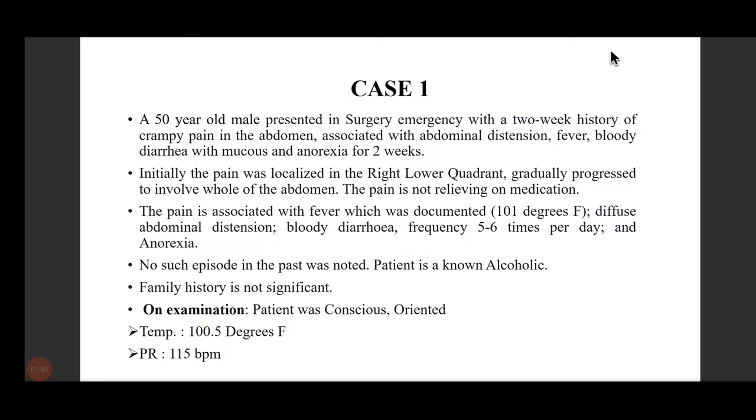More answers. Infectious dysentery. Good. Acute appendicitis. Very good. Carcinoids, tumor, cyst, lymphoma, IBD. Good, good. Obstruction. Very good.